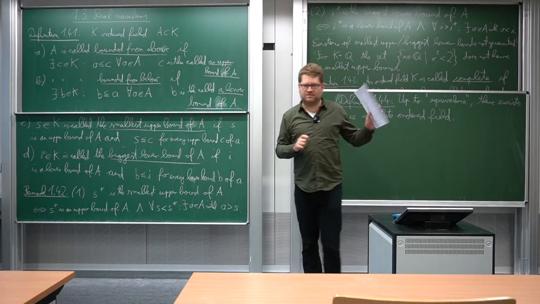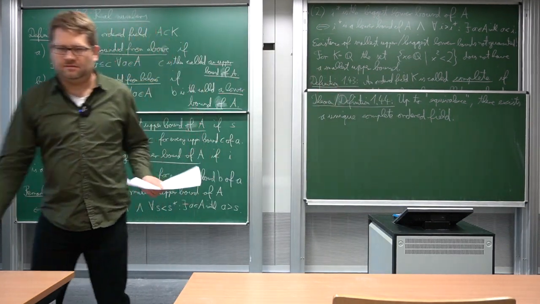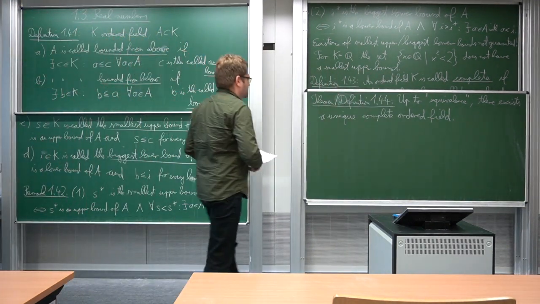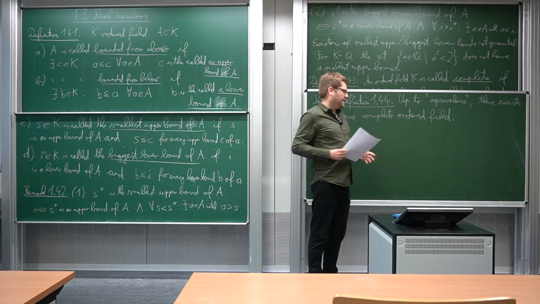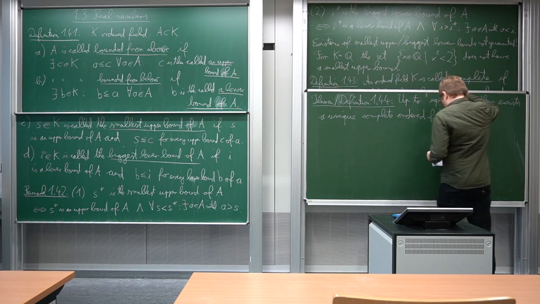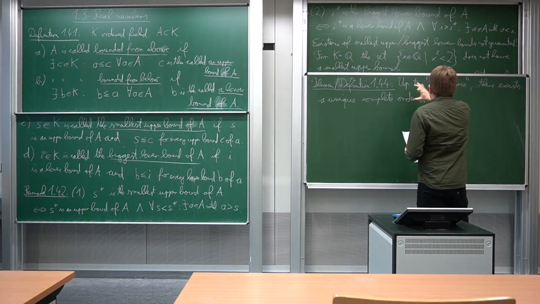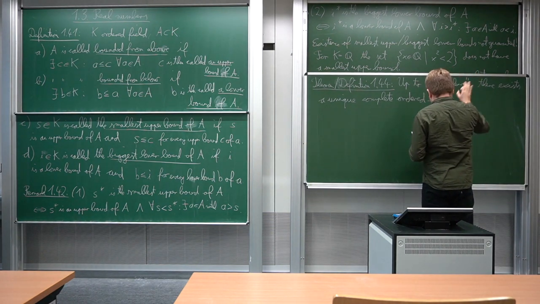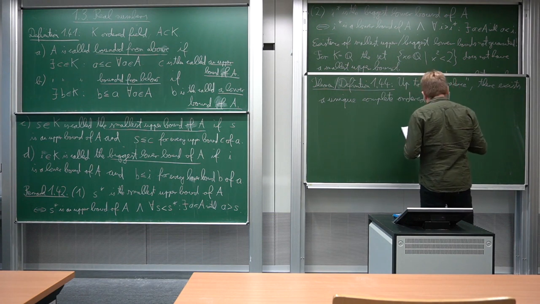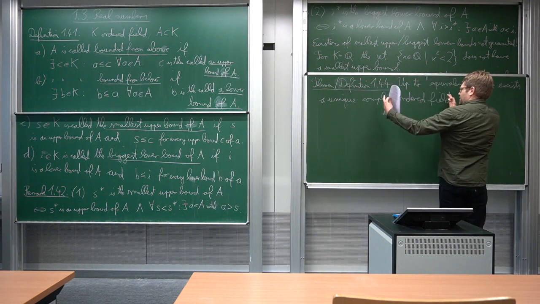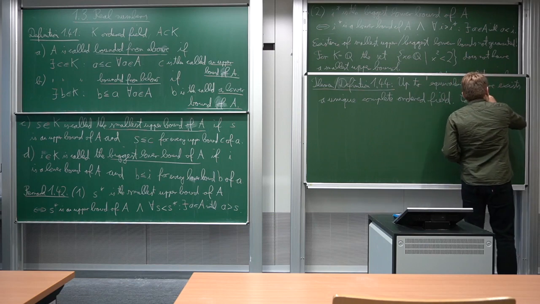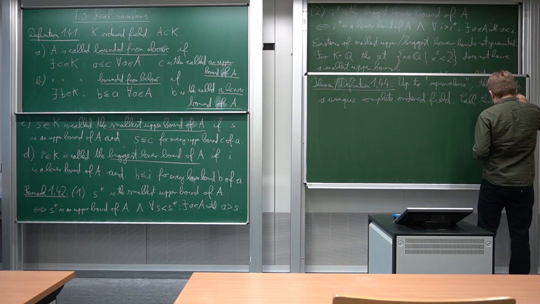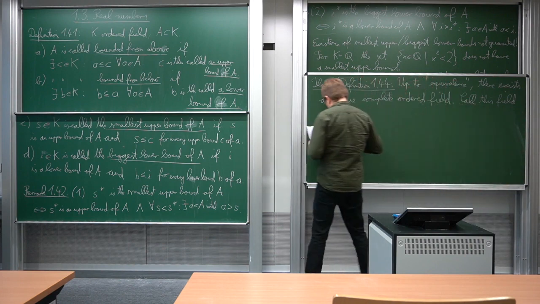So essentially all complete ordered fields look the same, and we can discuss this as if there was just one. We can forget about the equivalence. This was the theorem part, and now comes the definition part. Call this field the real numbers.